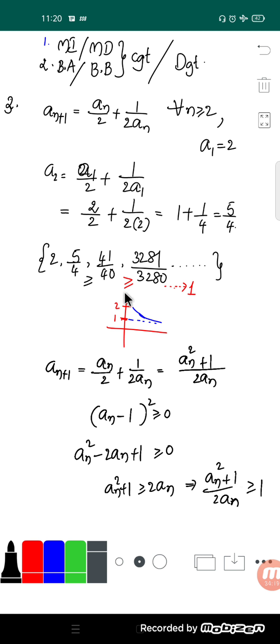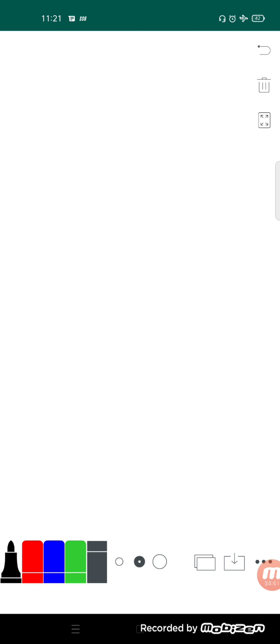So our sequence is bounded below by 1, and you can say it is a monotonically decreasing sequence by the values, which is bounded below by 1. So we proved that, and now we prove it is monotonically decreasing.